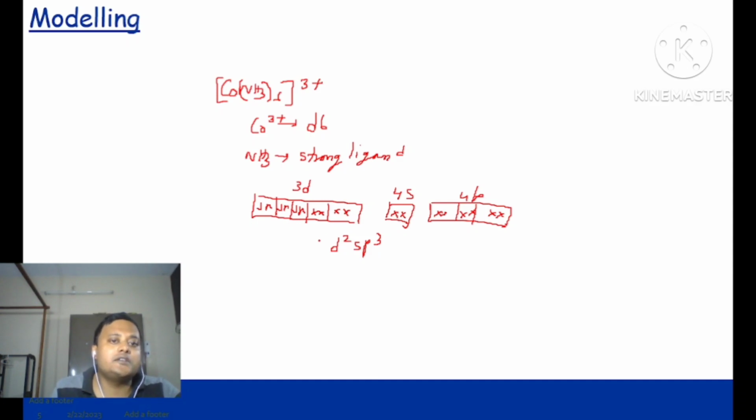So Co(NH3)6 3+ is an inner d complex. In that case no unpaired electron, so diamagnetic. Octahedral inner d complex, diamagnetic, and hybridization is d2sp3.